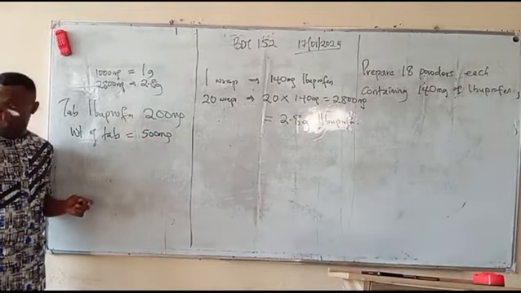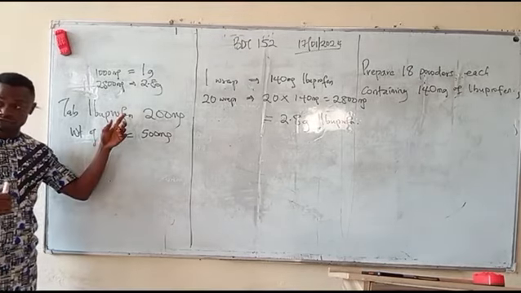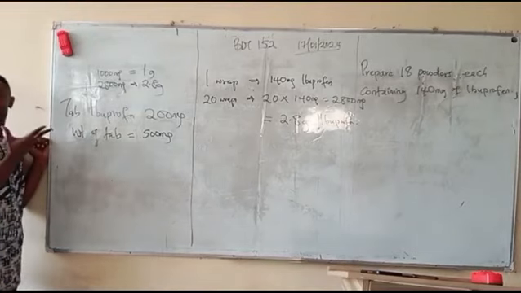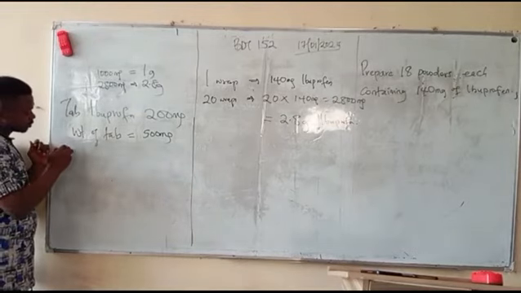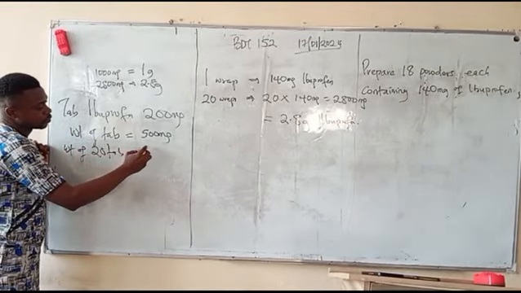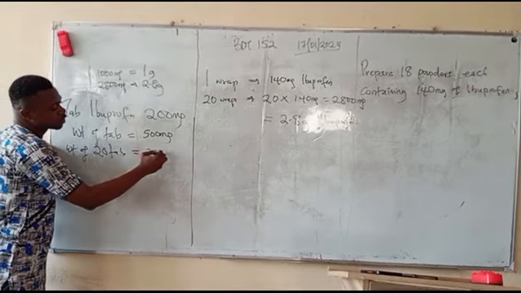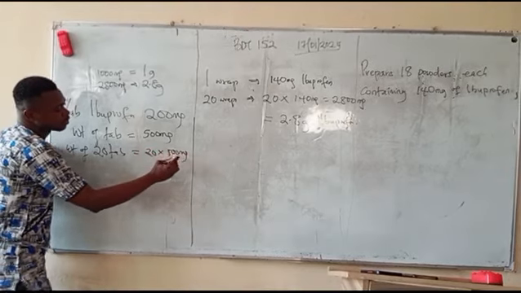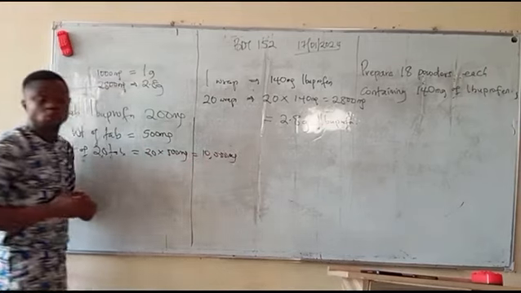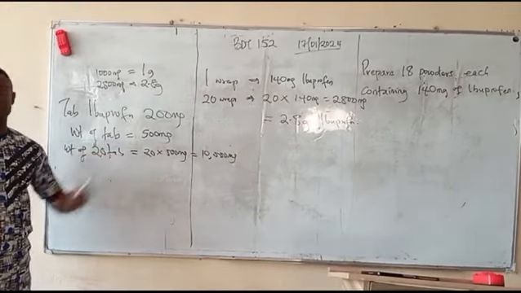Now, for one tablet, the ibuprofen inside it is what? 200 milligram. What it means is that if you get the 20 tablets, the weight of the 20 tablets will be what? 20 times 500, which is 10,000 milligram. So the weight of the entire 20 tablets is 10,000 milligram.